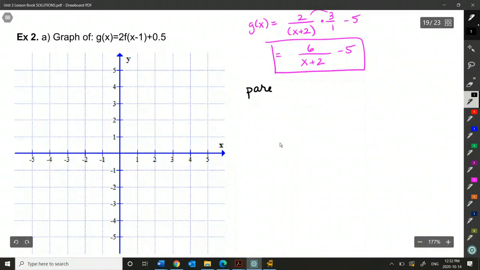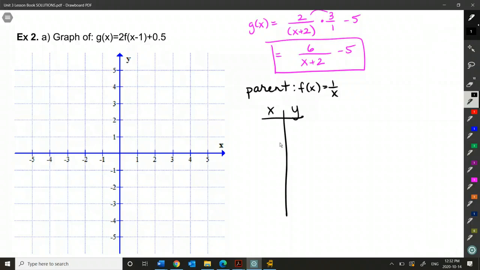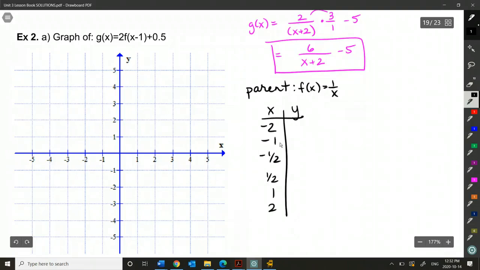I'm not going to graph the parent function, like I said, because it gets super confusing with both of them on the same graph, but we are going to list out at least the parent function key points with the horizontal and vertical asymptotes here. So we're going to just relist what we listed above. And if you'd like, you can actually use 0.5 for the halves here.